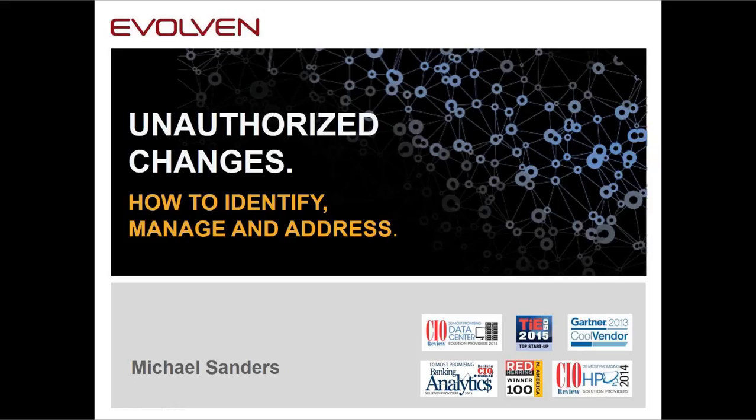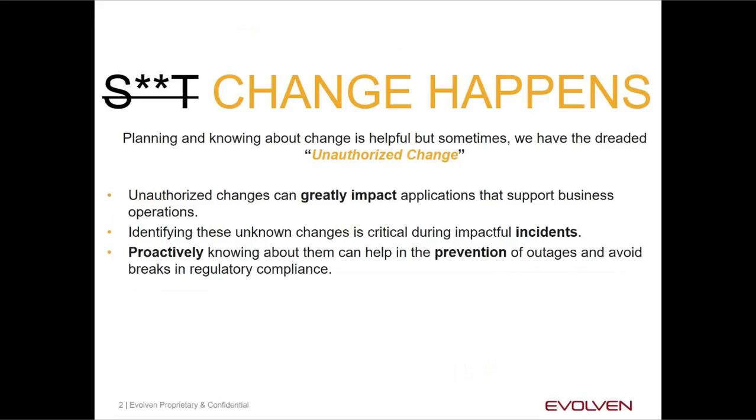All right, let's get started. As Martin said, we're going to talk about unauthorized change today and how to identify, manage, and address them in our environments. So we all know, right? Change happens. And unfortunately, as much planning and knowing about the change that we do, we still have that dreaded unauthorized change.